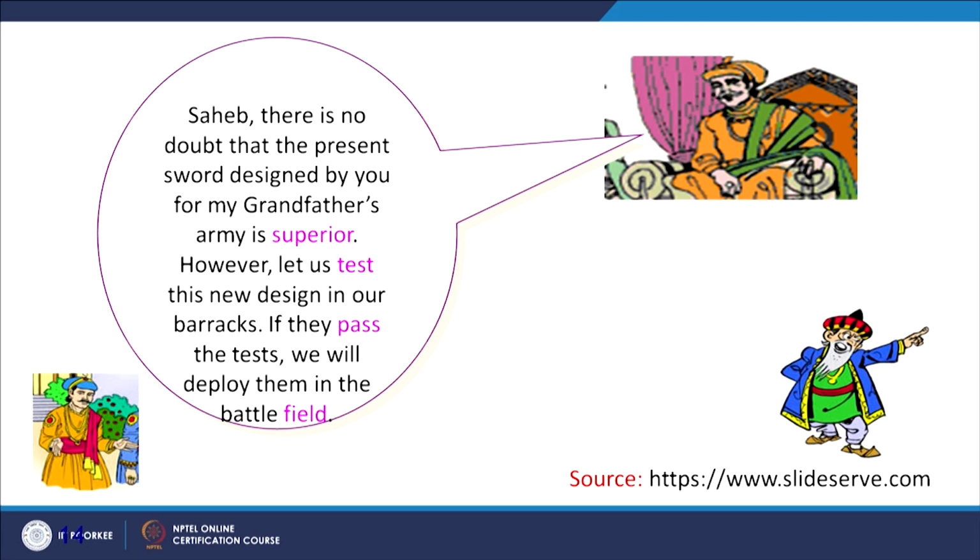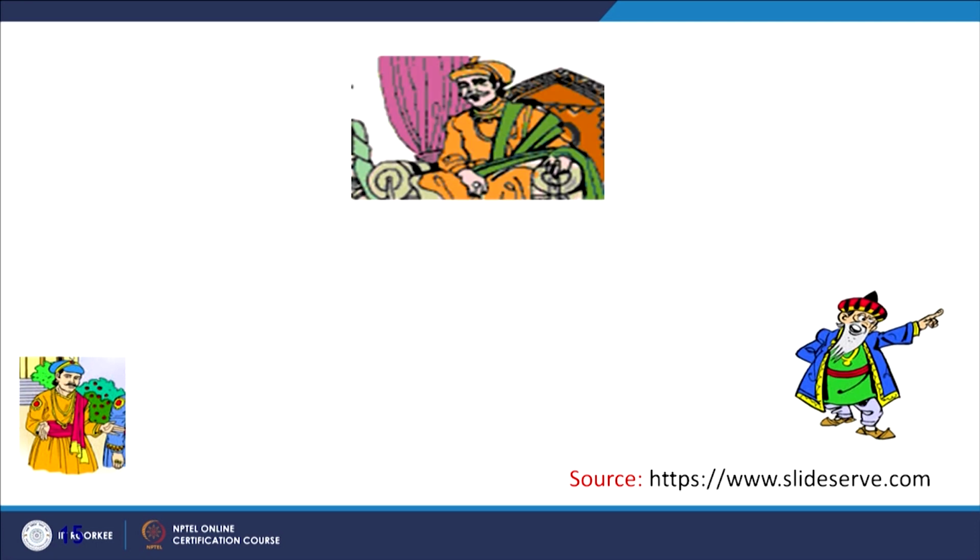The soldiers test the new design in the barracks. They try to work with these swords, to fight with these swords, to practice with these swords, and if they pass all the tests, only then the changes will be implemented. Otherwise, the older swords will only be used. So that gives an idea about the prototyping as well as first testing of the product.